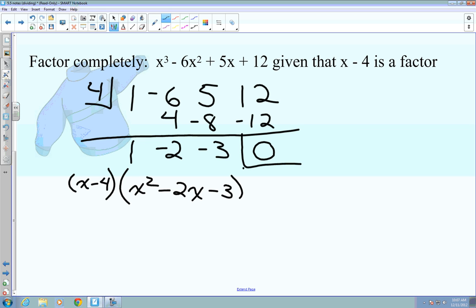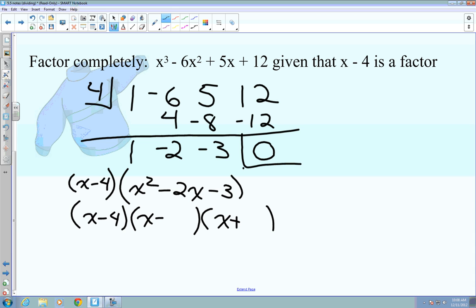Now I'm factoring completely. Can I factor x squared minus 2x minus 3 further? Yes, we can. So I still have x minus 4. I have an x and an x. Signs: negative and positive.